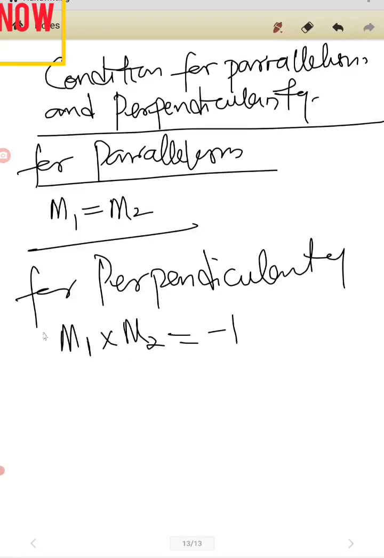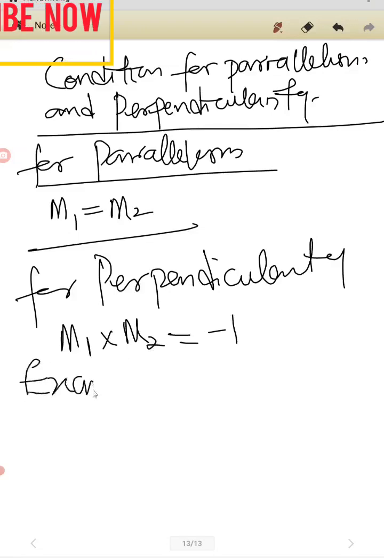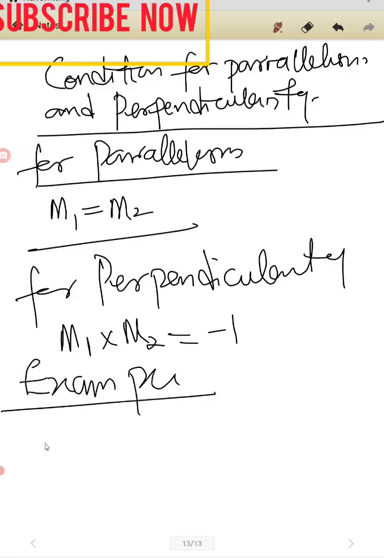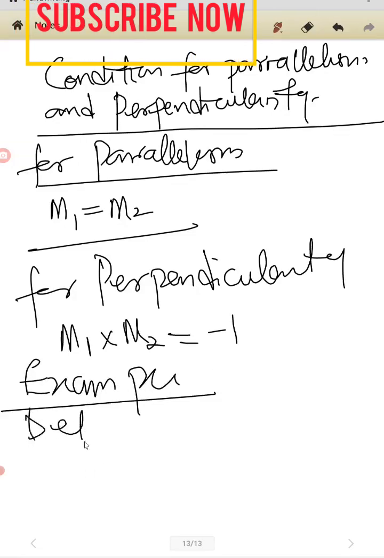Let's have a very good example to notice how all this works. Let's just form a question.